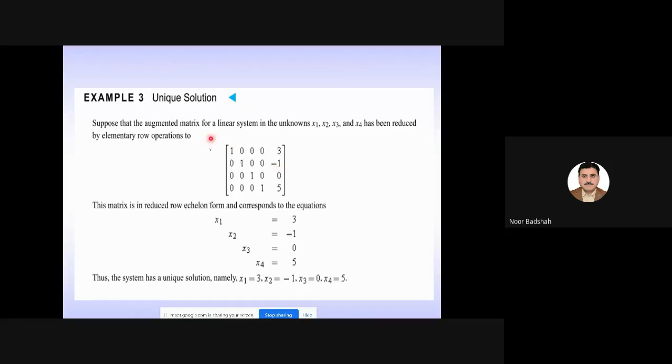Once you convert a system into reduced echelon form or echelon form, and the number of equations is the same as the number of variables, in that case the system will have a unique solution. Otherwise you can go for that rule I explained earlier. You see, this is non-zero, so the system will have a unique solution, and the number of equations is the same.